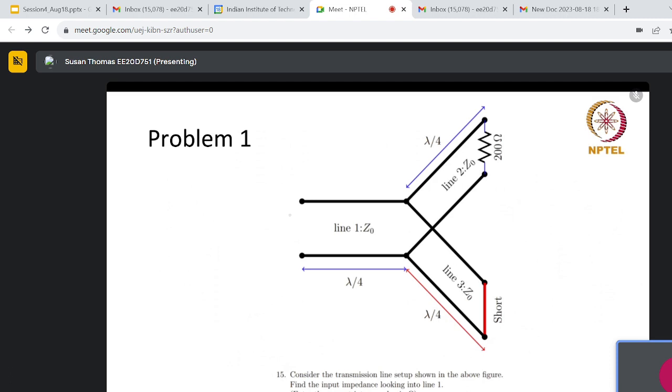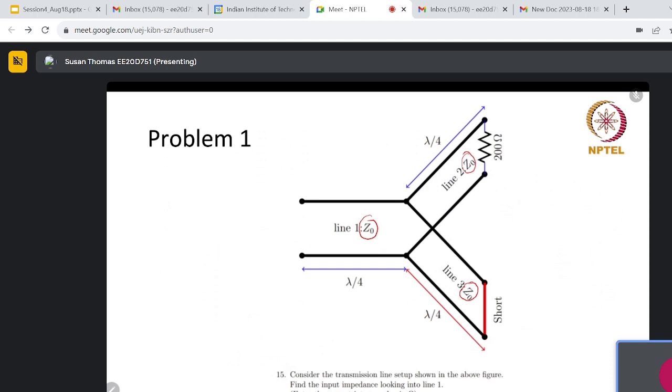You have a transmission line, line 1, which has a characteristic impedance Z naught. Then there is another line, line 2, again with characteristic impedance Z naught. And one more line, line 3, with characteristic impedance Z naught.